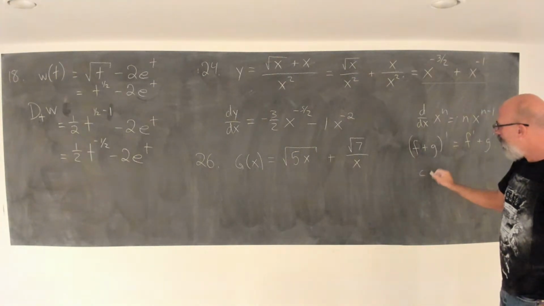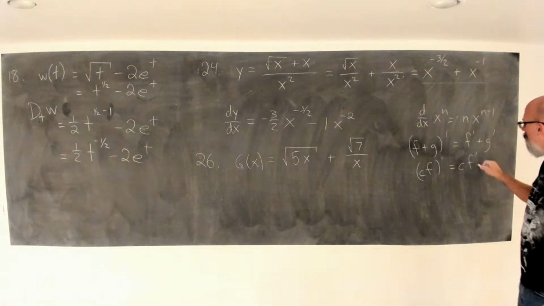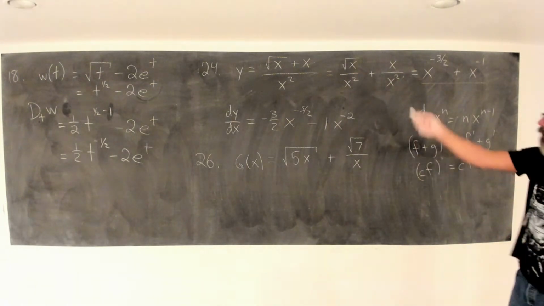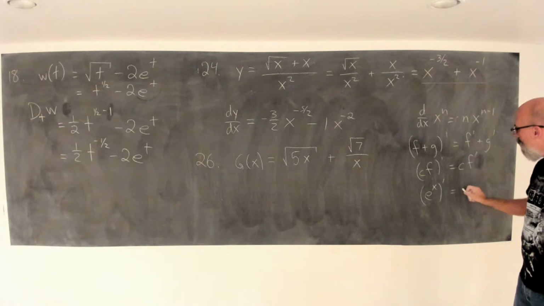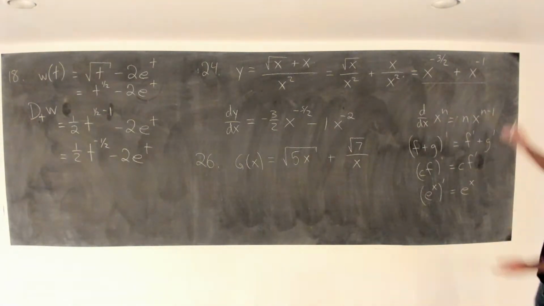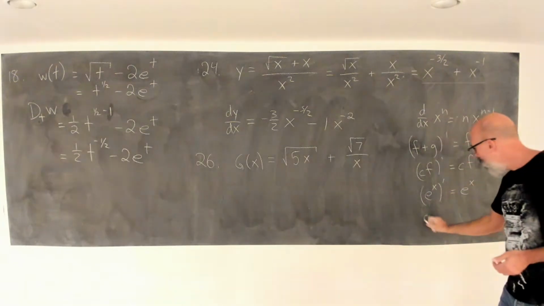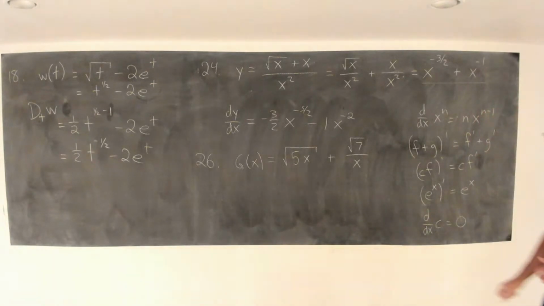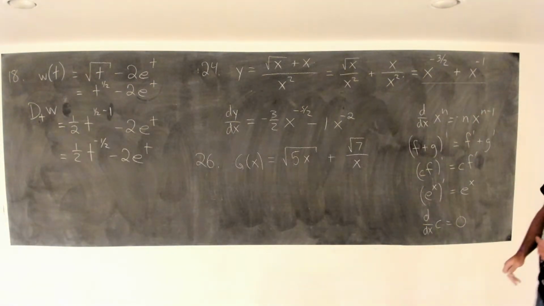They tell you that the derivative of a constant times a function is the constant times the derivative of the function. And we also saw that the derivative of e to the x is e to the x. Actually, the derivative of a constant is 0. Those are really the only rules we have so far.